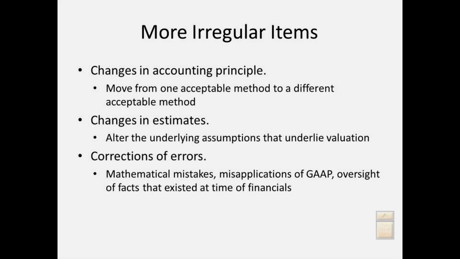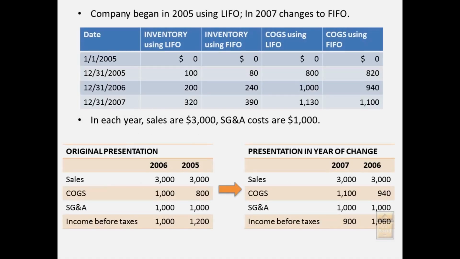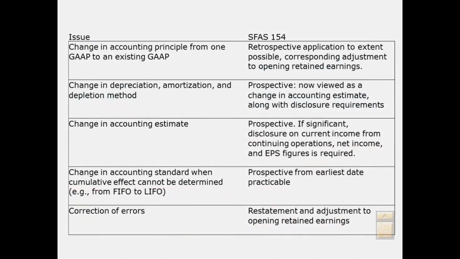So these are some other irregular items. Change in accounting principle is the one that you would see here after tax. The other ones would be a change in estimate, no big deal. An error requires a significant restatement of all the financials. Here's a table for you to conveniently have what you have to do if you have these irregular items.